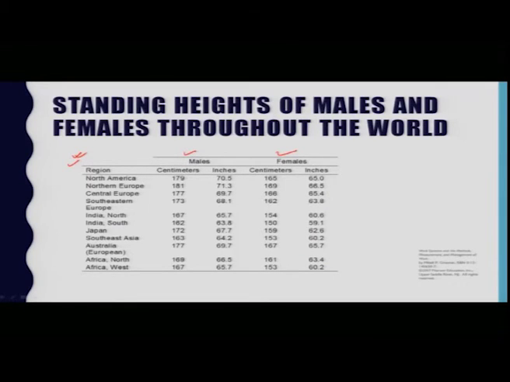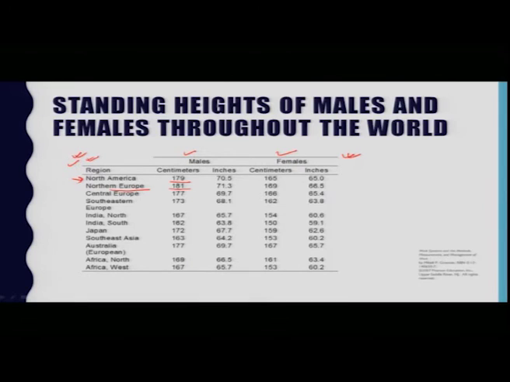These are anthropometric data compiled from the population, and this usually follows the normal distribution curve. You can see that North America is not the highest, but it is 179 centimeters. Northern Europe has a male height of 181.